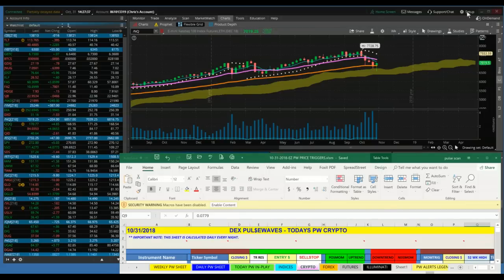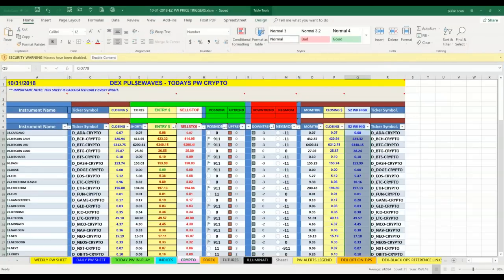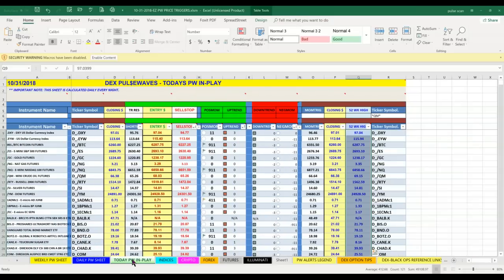All right, let's put this here. So this is where I live at right here. The in play tab, the green one right here. This is where I stay at. This is my favorite tab because it's where I keep all the things that I personally am looking to trade.